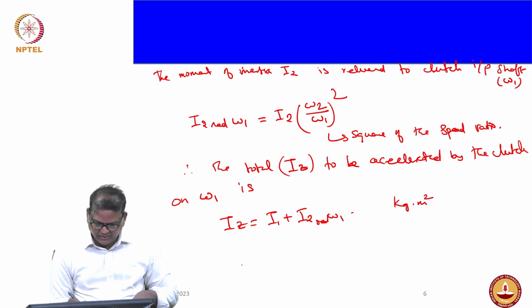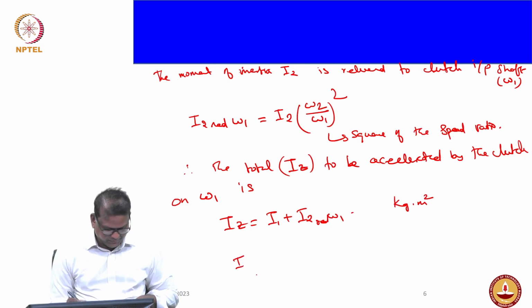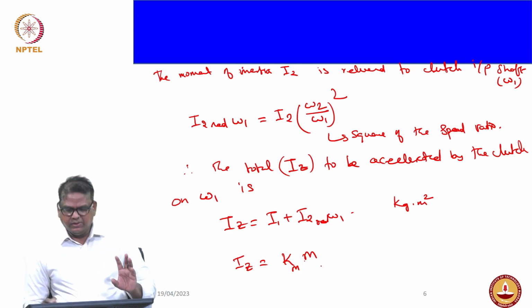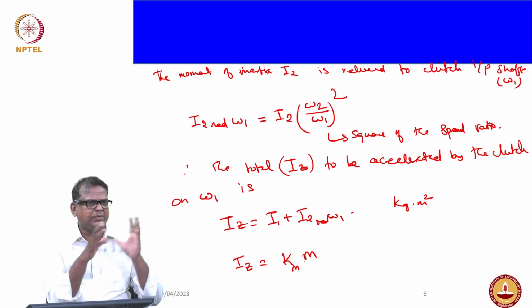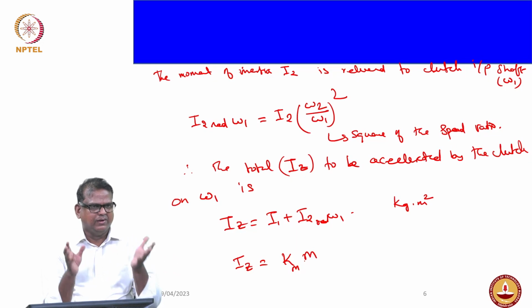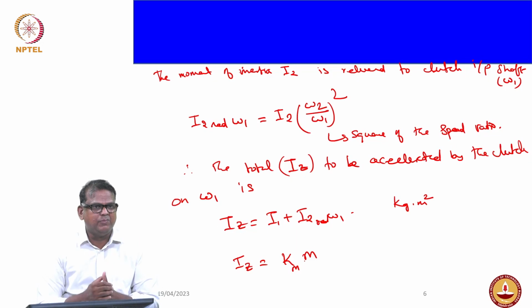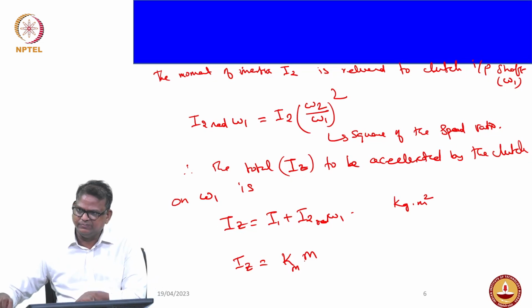If you simplify it, the IZ is equivalent to Km. Now understand that everything is rotating at different speeds, and the vehicle is moving in a translation direction. I have to accommodate both. So how do I do that here?